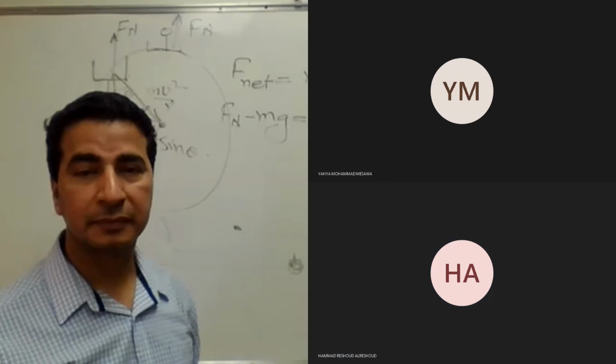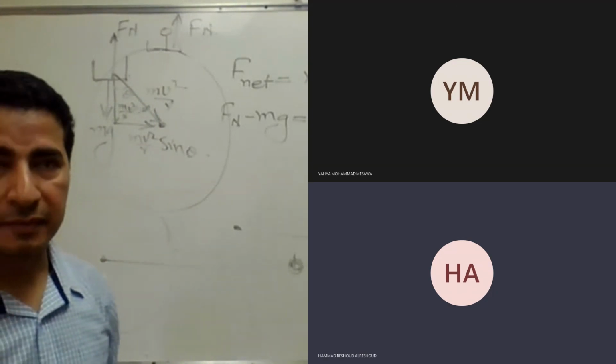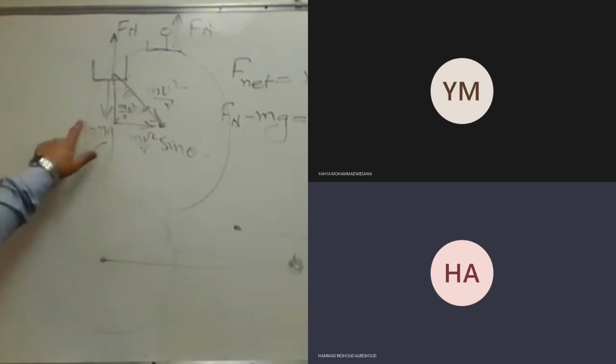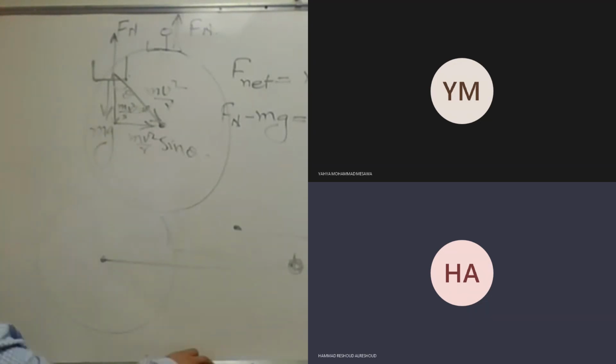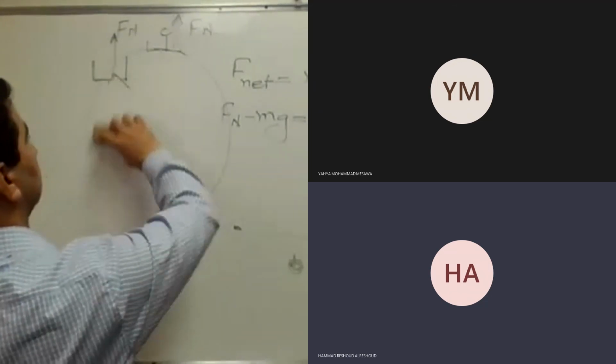Okay. Let's say it was on the right, where the centripetal force is going to the middle. This one, right? Yeah. The Fn and the mg would be equal to each other. Exactly.